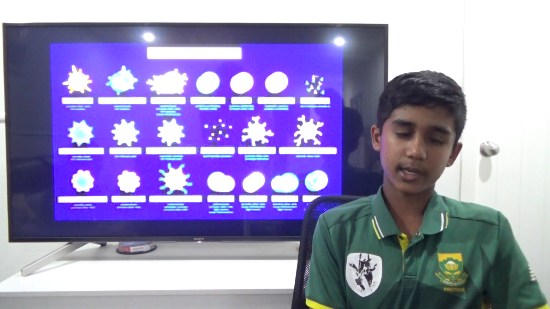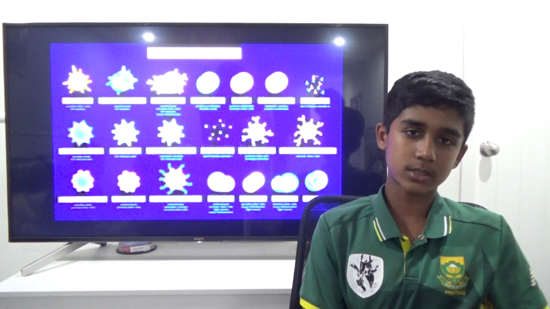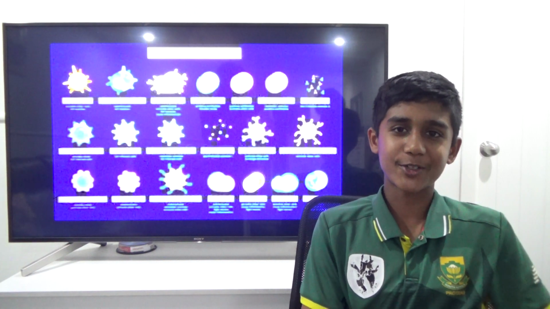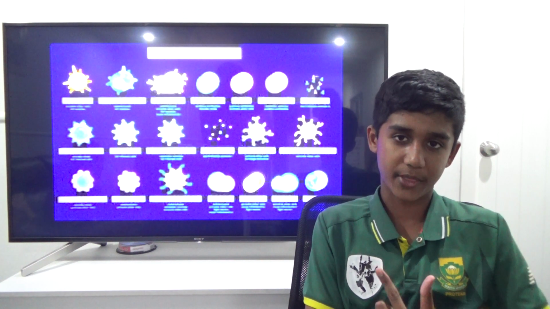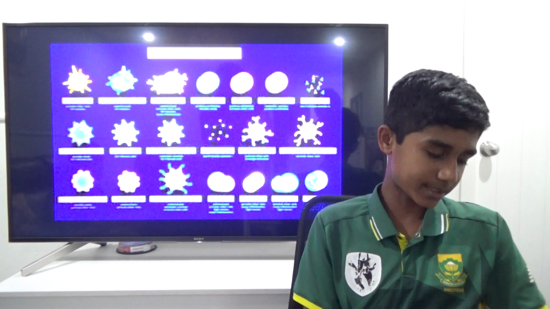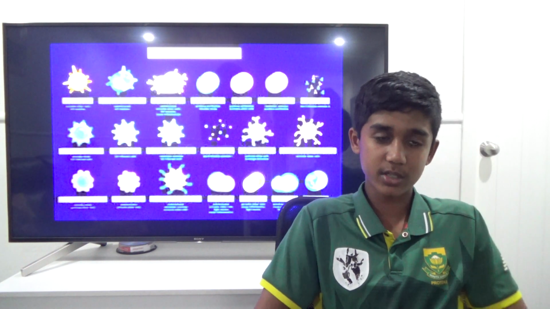And the white stuff called pus is made by the combination of phagocytes and pathogens. So that white stuff is just a mixture of phagocytes and pathogens.